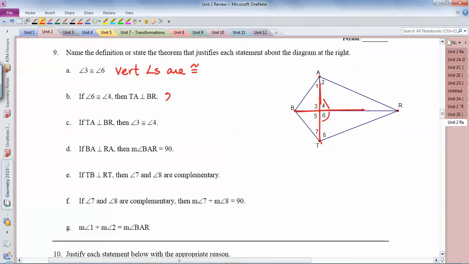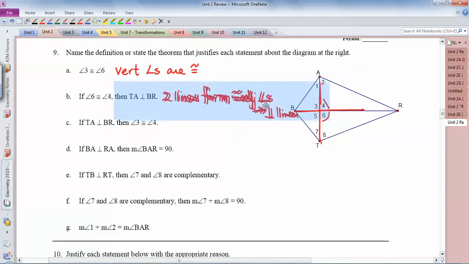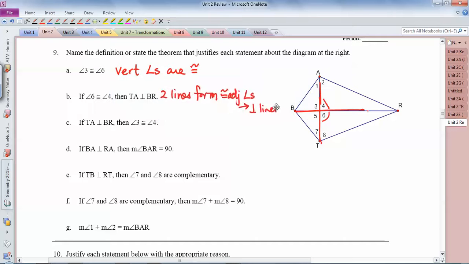So this one is 2 lines form congruent adjacent angles, so you get perpendicular lines. Let me shrink that down just a little bit because that's pretty big. There. Okay, the next one, let's see.